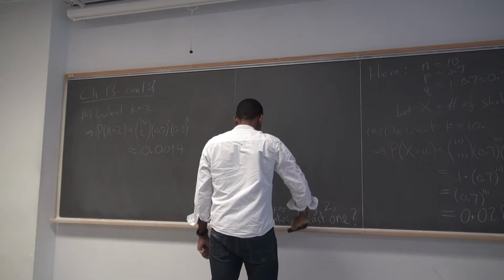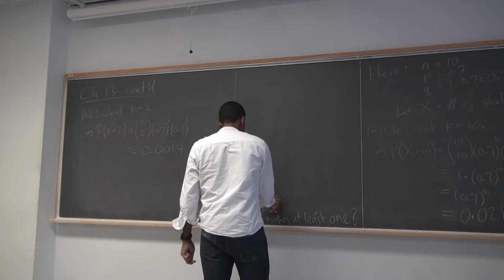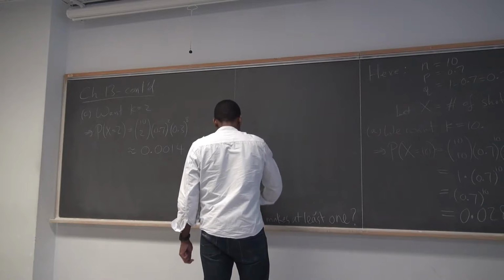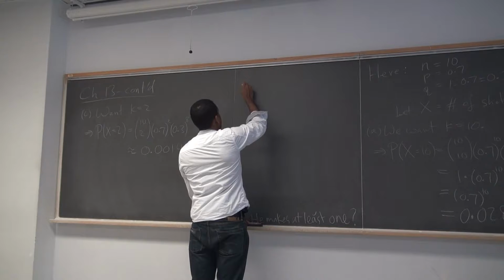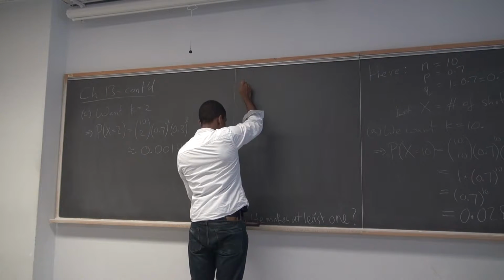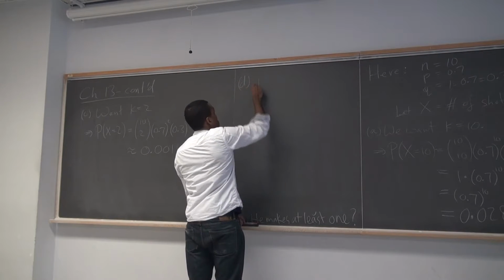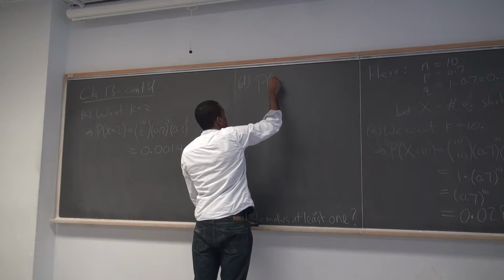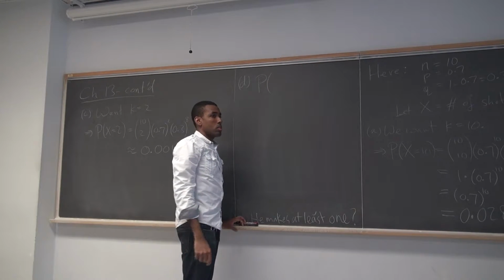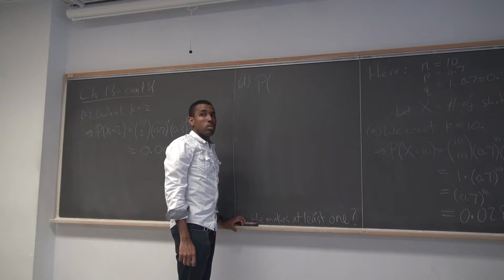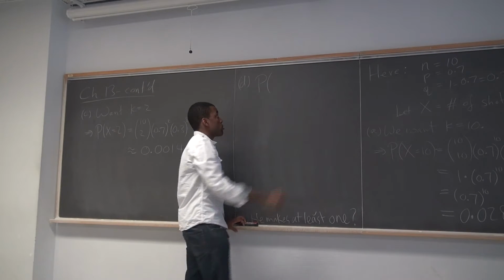Okay. He makes exactly 2. What's the probability he makes at least 1? So in part D, we want the probability. What does at least 1 mean? 1 or more, right?